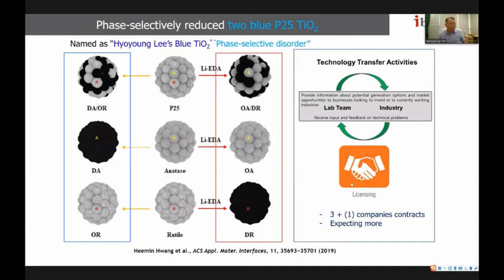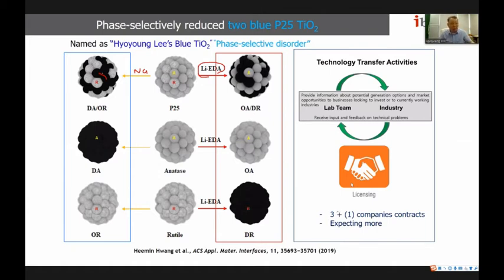So here is our conclusion. Through Li EDA, the rutile phase is changed, but sodium EDA and potassium EDA change the anatase phase. Until now, through this basic finding, there are several companies trying to develop this material for various applications.